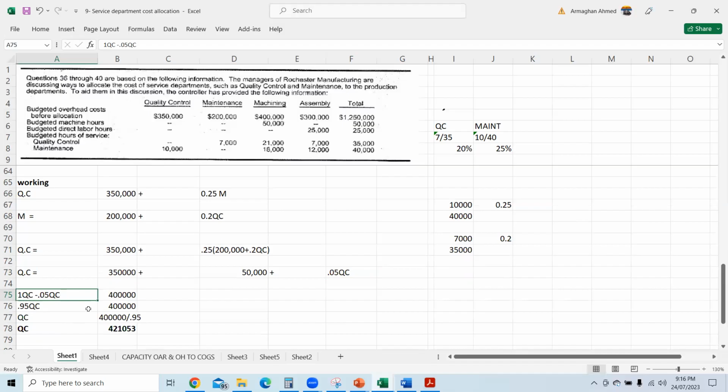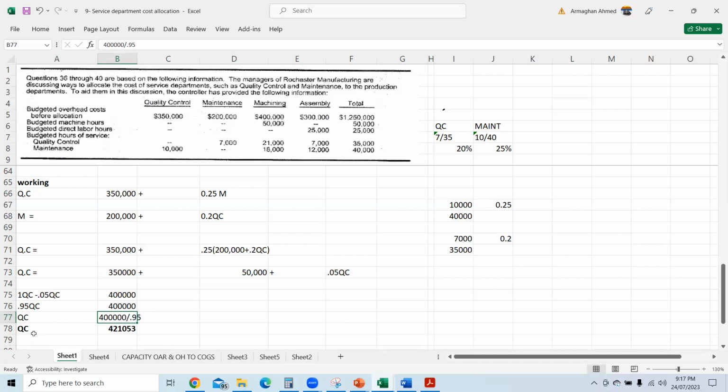And 350 plus 50 becomes how much? 400,000, right? So 1 QC minus 0.05 QC equals how much? 0.95 QC is equal to 400,000, so 0.95 will go there and divide 400,000, right?